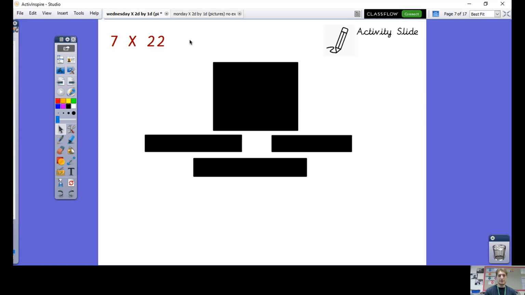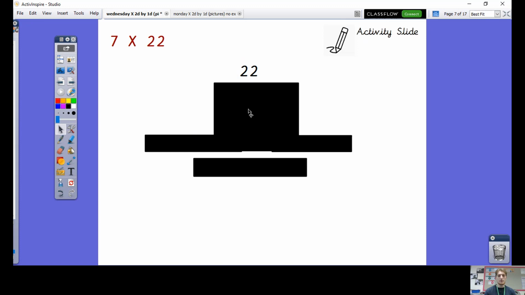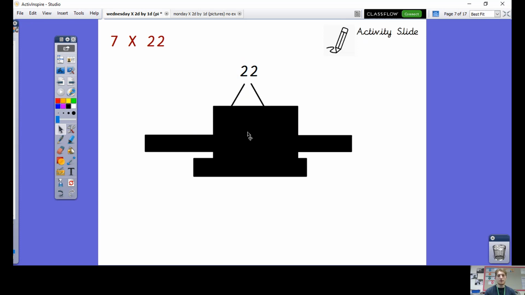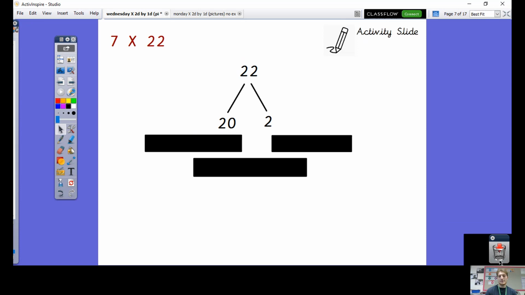Great, let's go through the answers then. So what you should have done firstly is use your 2-digit number and partition it. So you should have had 22, then partitioned it into its tens and ones, 20 and 2. 2 tens, 2 ones, 22.